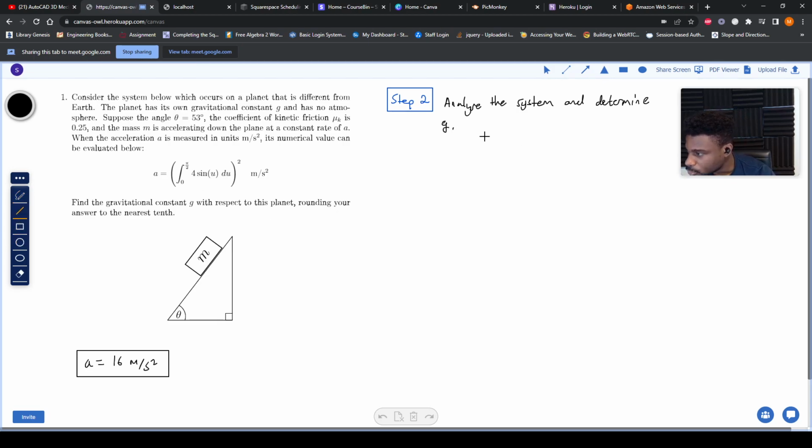Okay, so let's start by drawing the system again. We're going to place our block over here. We have our angle theta down here. And according to the problem, our theta is equal to 53 degrees. Our friction coefficient is 0.25.